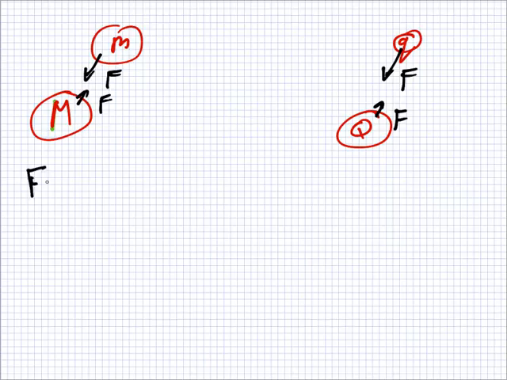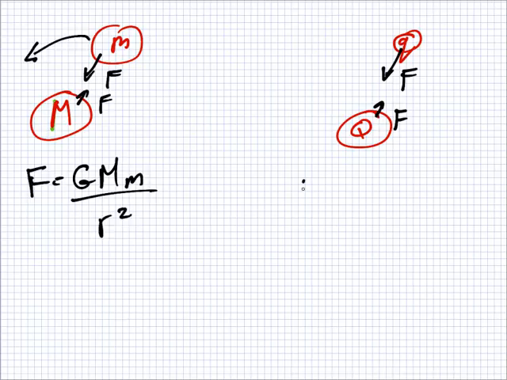Here, F is equal to G M m over r squared. And here, F equals k Q q over r squared. Can you see how the formulas are very similar?